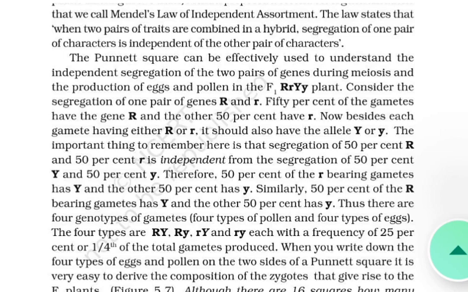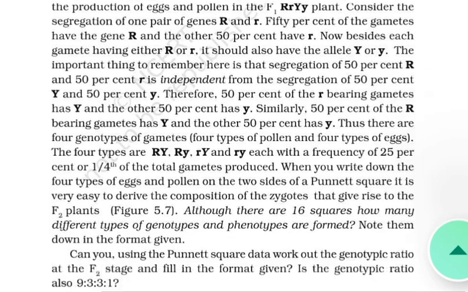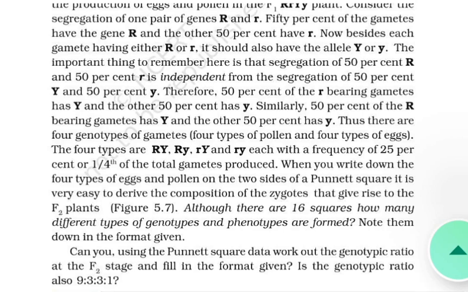Such a ratio was observed for several pairs of characters that Mendel studied. The ratio of 9:3:3:1 can be derived as a combination of series of 3 yellow:1 green with 3 round:1 wrinkled.